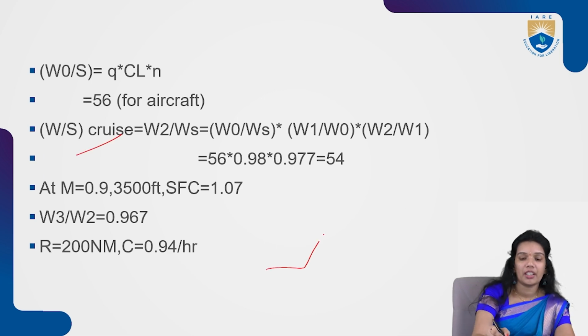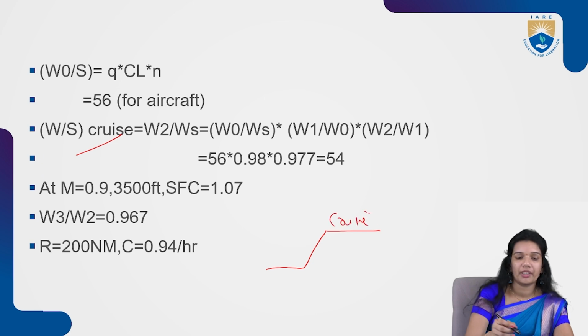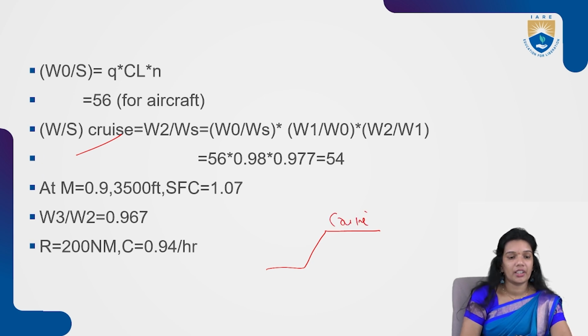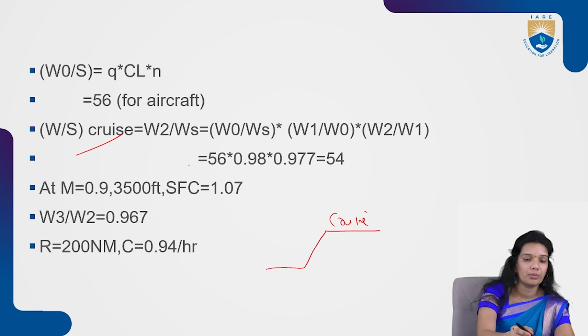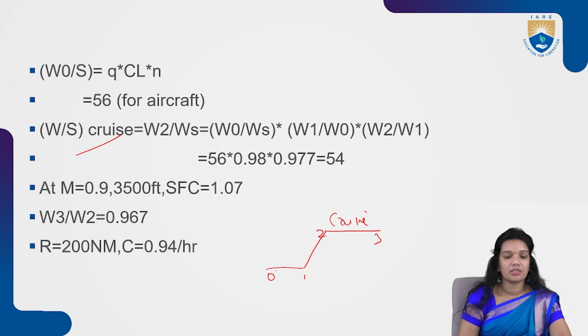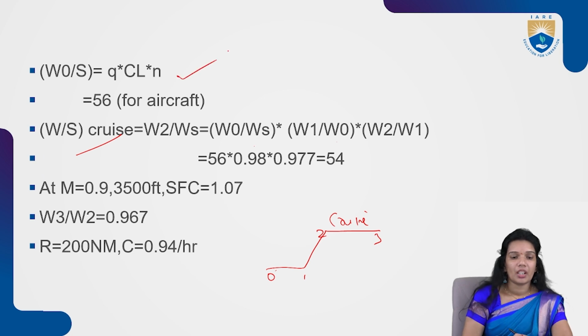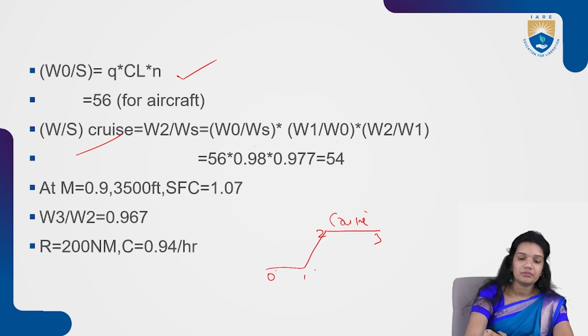Now we are in the cruise segment, so at the cruise segment I want my W by S. In order to calculate the W by S, W by S is going to be W naught by S into the product of the segment fractions, 0 to 1, 1 to 2, 2 to 3. W naught by S is the first wing loading for the entire aircraft. We know that.